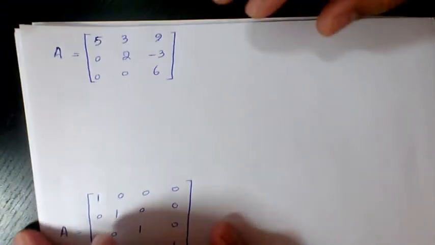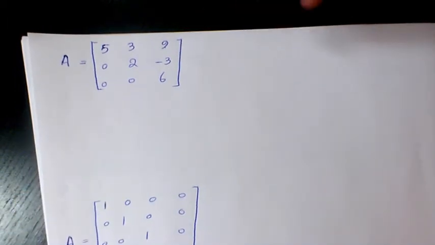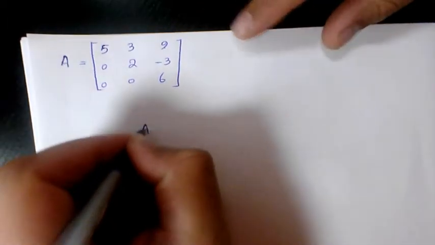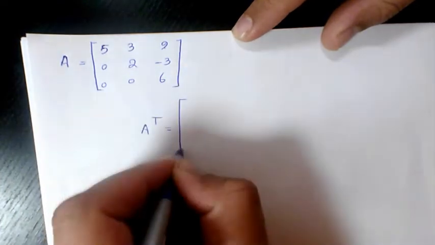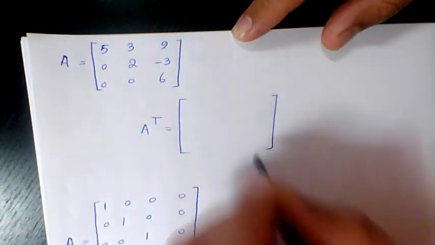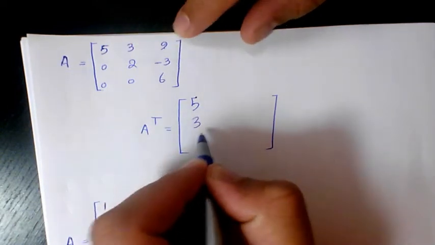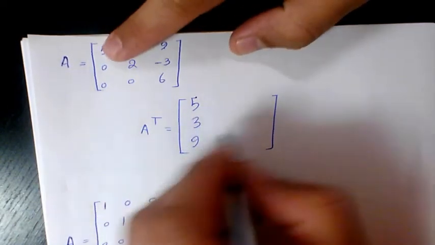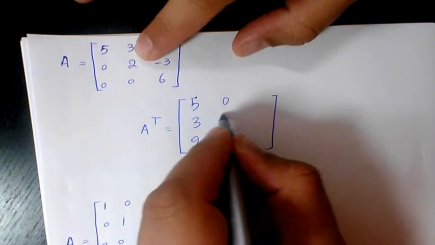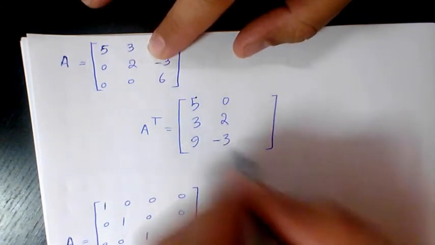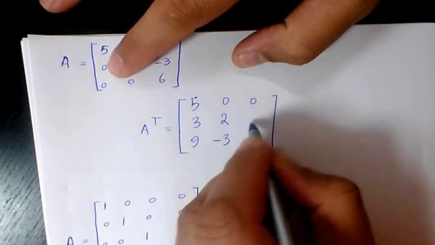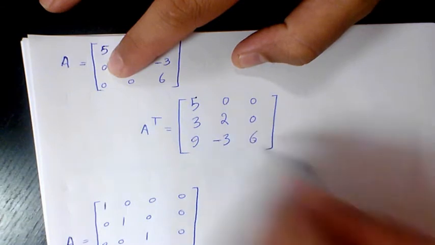This one is a 3 by 3 matrix. So the transpose of this matrix is going to be 3 by 3 as well. So it's going to be AT: 5, 3, 9, 0, 2, -3, 0, 6, 0, 6.